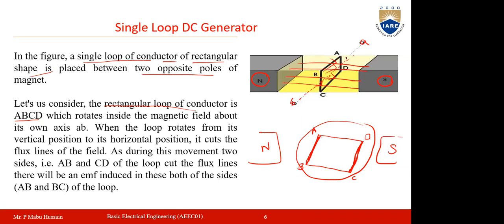With respect to this axis, we are going to rotate this coil, right? So if you are rotating in this direction, your AB conductor will be moving this side, and CD conductor will be moving this side, continuously moving inside the magnetic field.